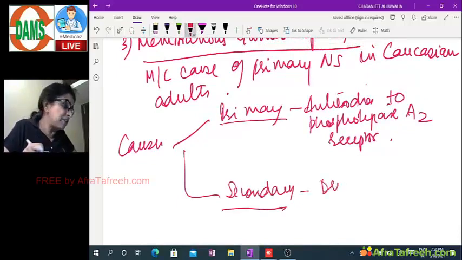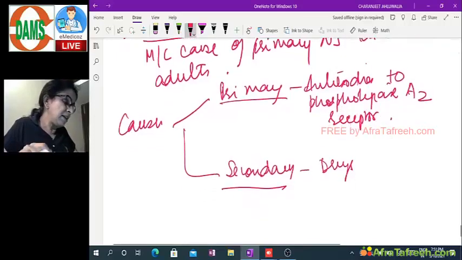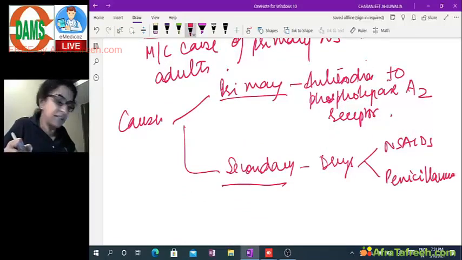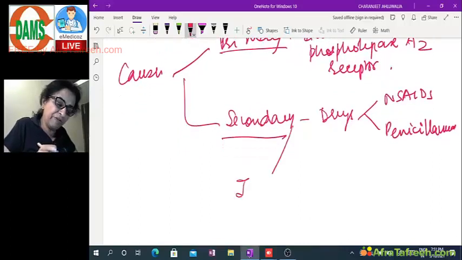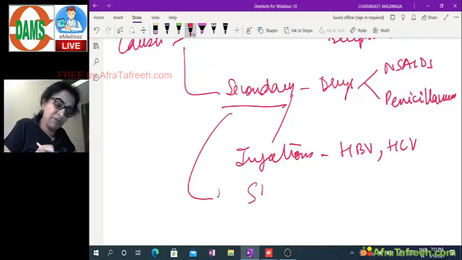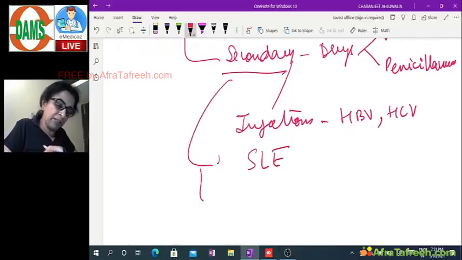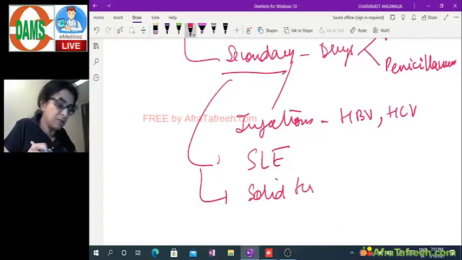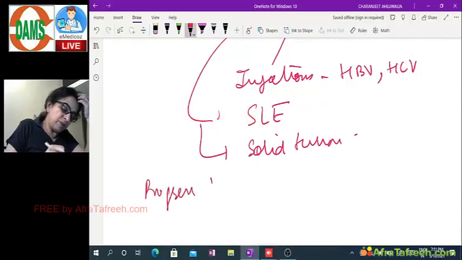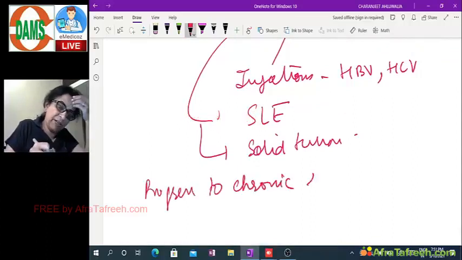Now you have to remember the names of the drugs well. So which drugs come under this? NSAIDs and penicillamine. Or it can be secondary to infections like hepatitis B, hepatitis C. Third, it can be secondary to other diseases, very important, SLE. And then fourth, it can be to solid tumors also. And again, this can progress to chronic renal disease.